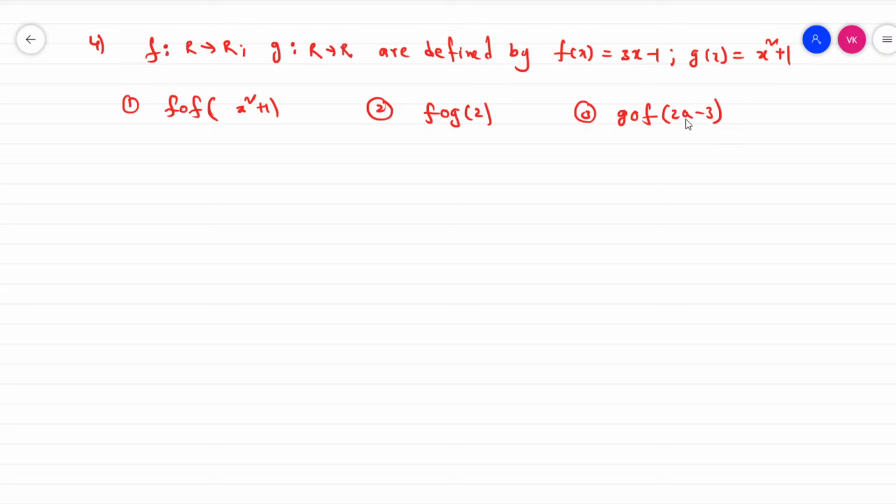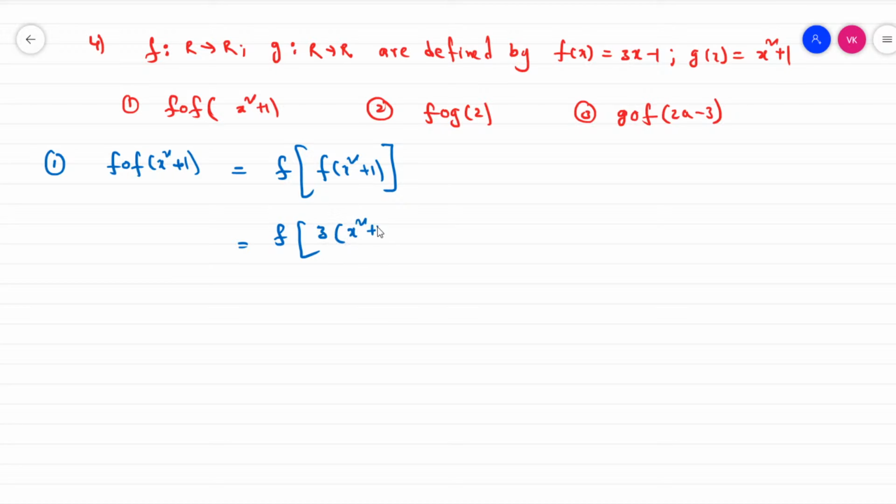Let's go for the solutions. The first solution is f circle f of x square plus 1. Then we can write f of x square plus 1. But we know that f of x is equal to 3x minus 1. That means 3 of x square plus 1 minus 1.